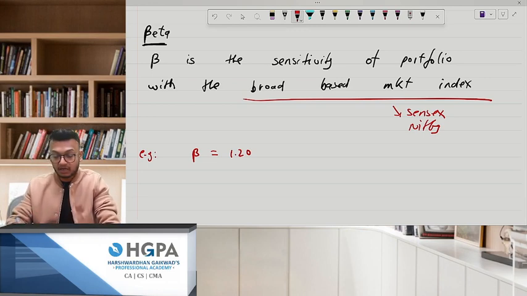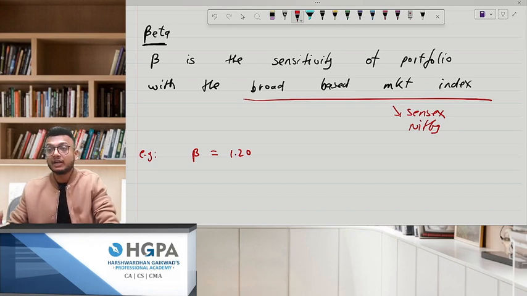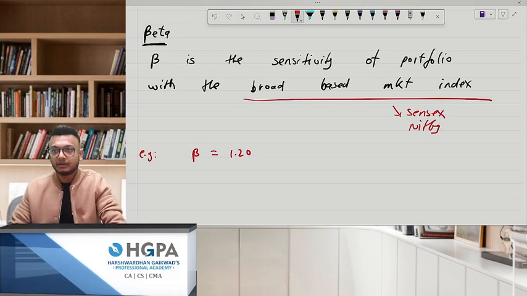And also, what name do you have to give this? If this is there, it is an aggressive beta. Because there's a lot of fluctuations in your portfolio. It could be that you might have invested more in equity shares. You know that thing, na? In which type of security is risk more? Equity.